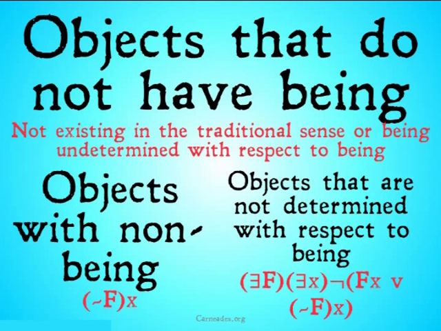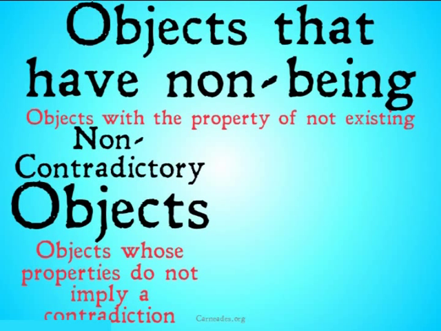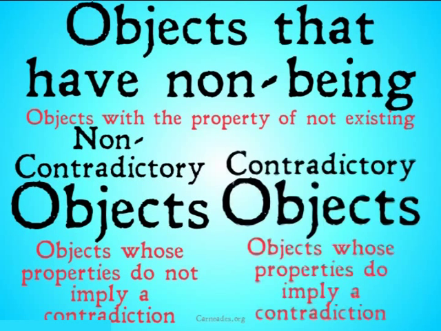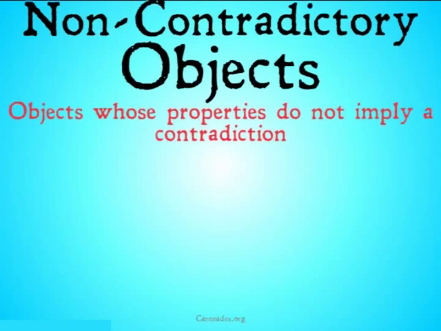First, we're going to take a look, however, at objects with non-being. These can be divided into two different categories. Non-contradictory objects, whose properties do not imply a contradiction or who do not have the property of being contradictory, and contradictory objects, whose properties do imply a contradiction or who have the property of being contradictory. We'll take a look at non-contradictory objects first.